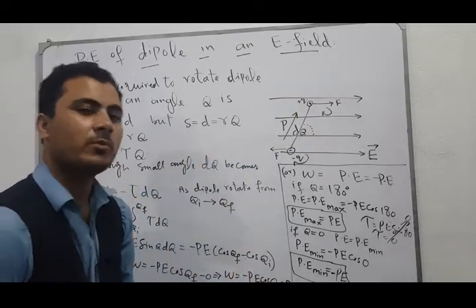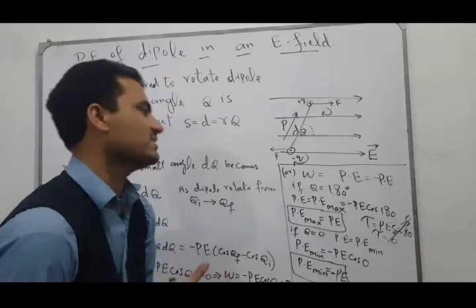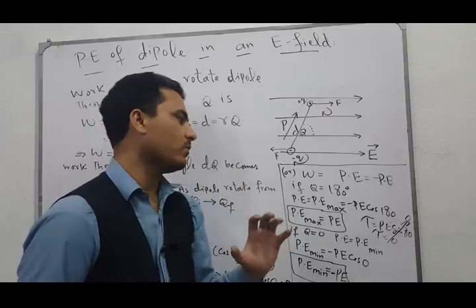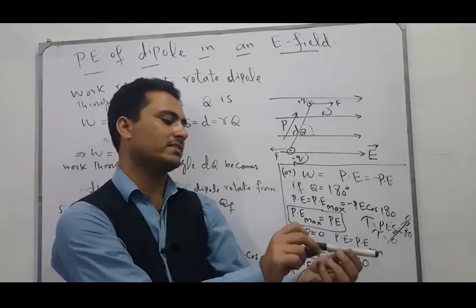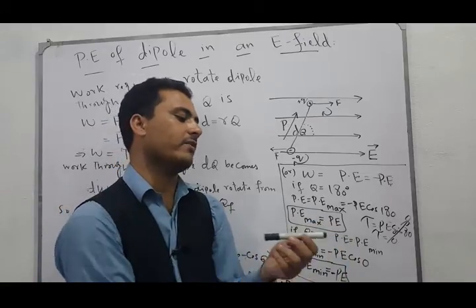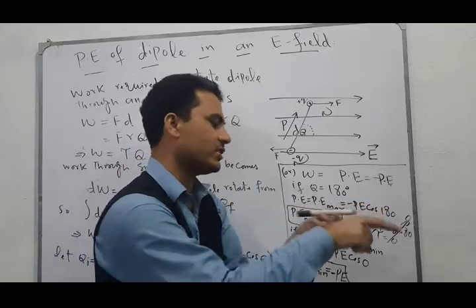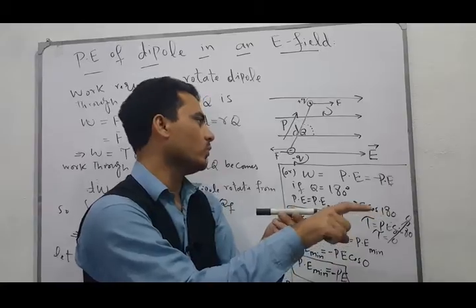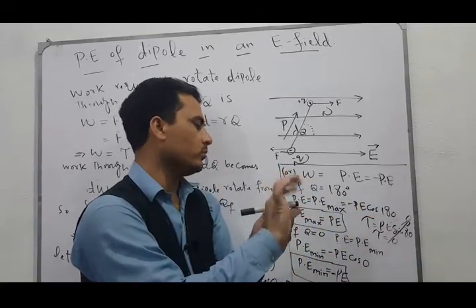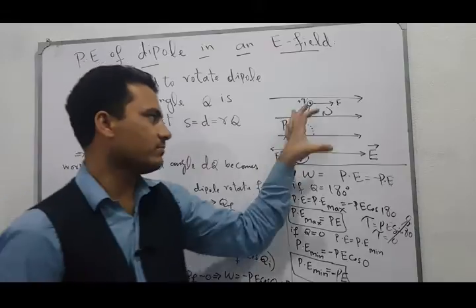In which case is the potential energy of the dipole maximum? The potential energy of the dipole is maximum when the dipole is placed anti-parallel to the applied electric field. For example, if the field is in this direction, then the dipole must be in the opposite direction in order to maximize the energy of this dipole.